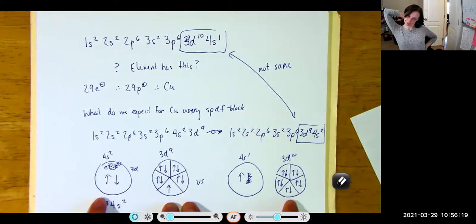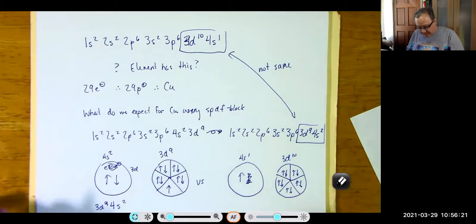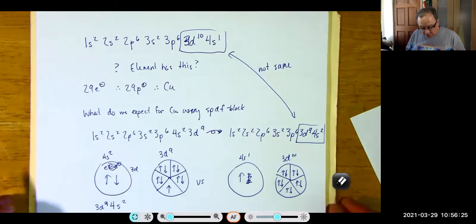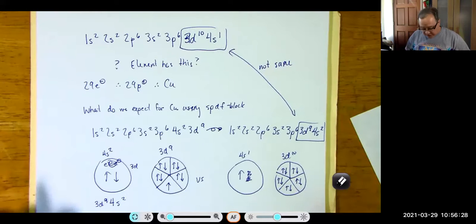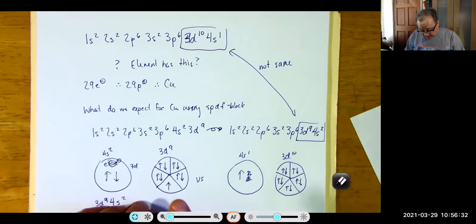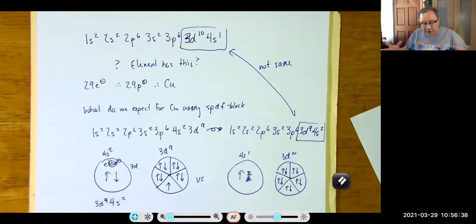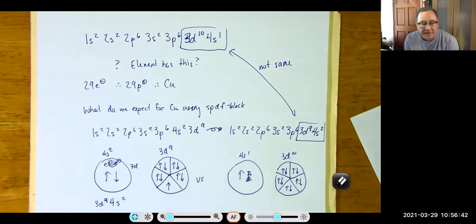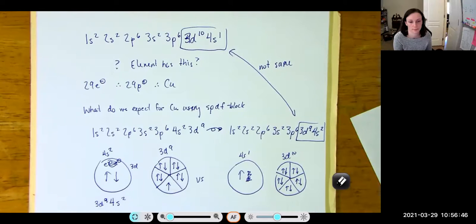Now, the name of the game is simply this. The better arrangement is going to be a combination of putting them into a more stable subshell and distributing the electrons better, because electrons repel one another. Okay.